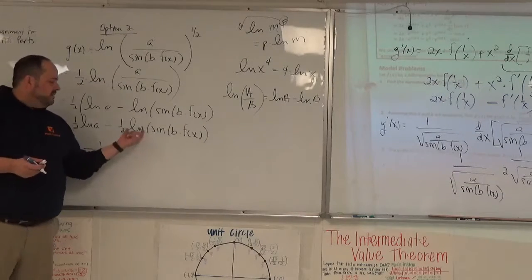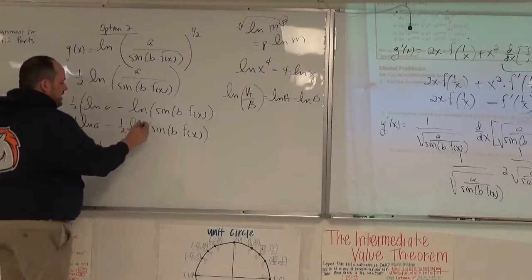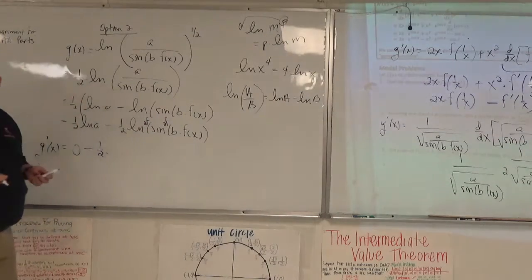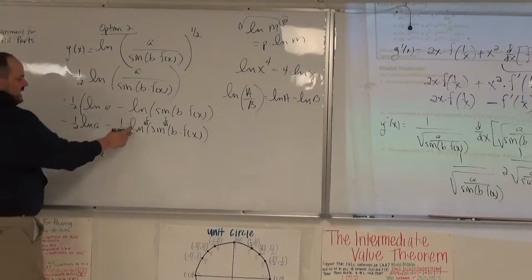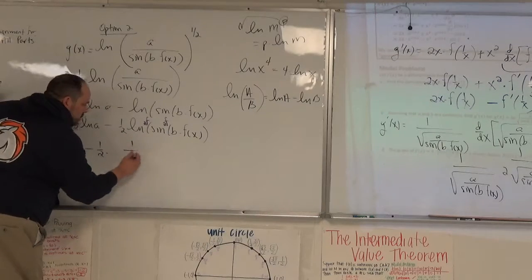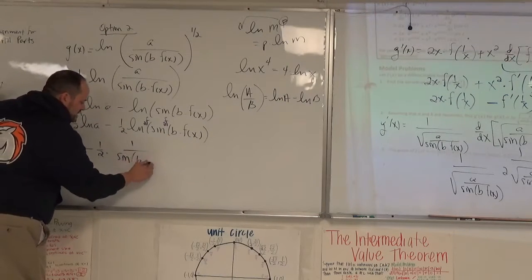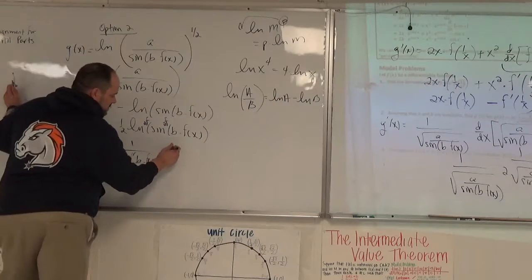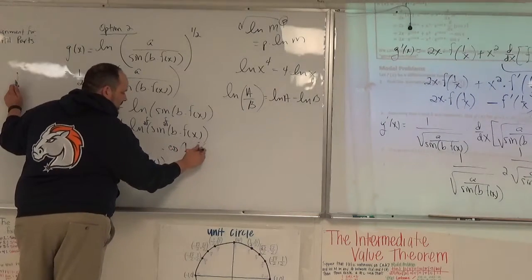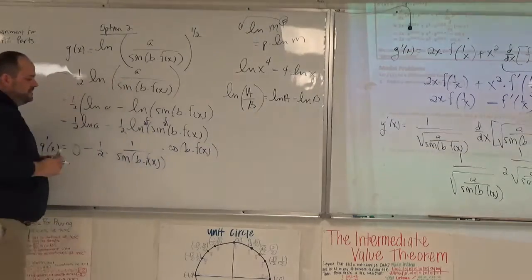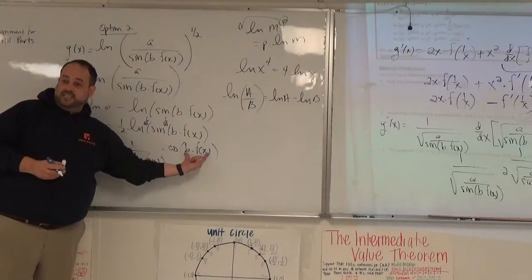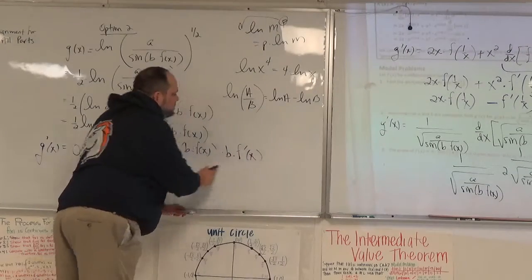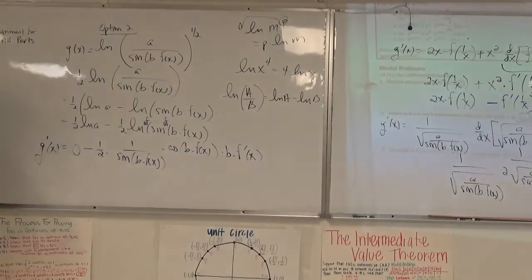I need to take the derivative of the natural log of the sine of b times f of x. Derivative of natural log of stuff: 1 over the stuff, times the derivative of the stuff, cosine of b times f of x. Derivative of this stuff in here is going to be b times f prime of x.